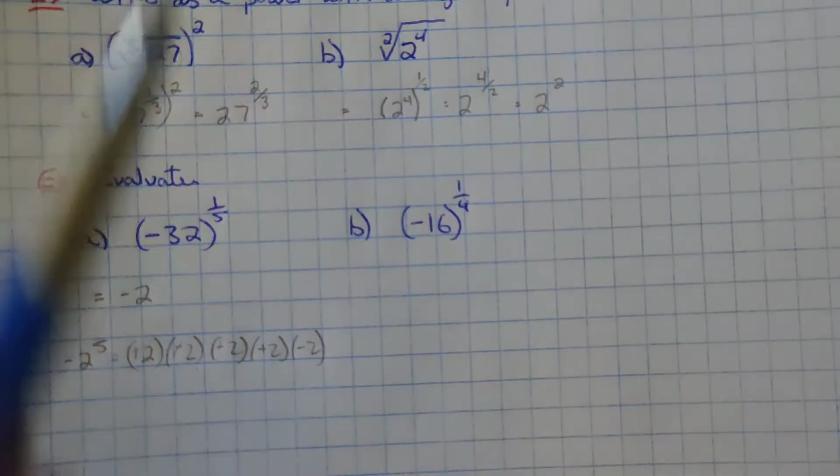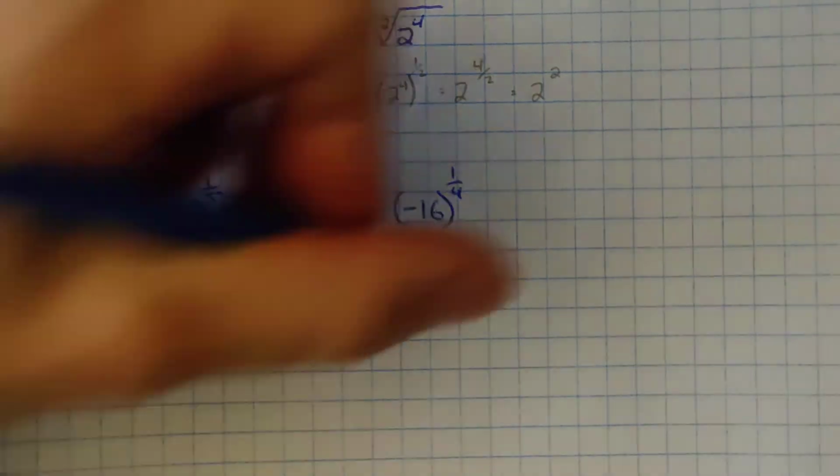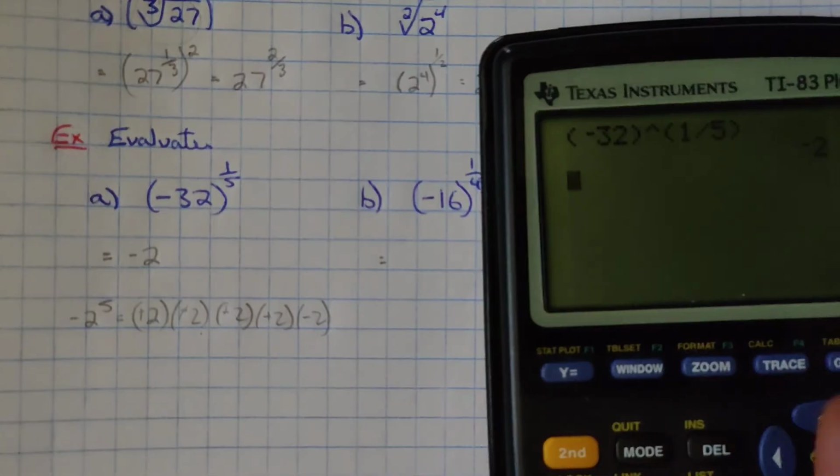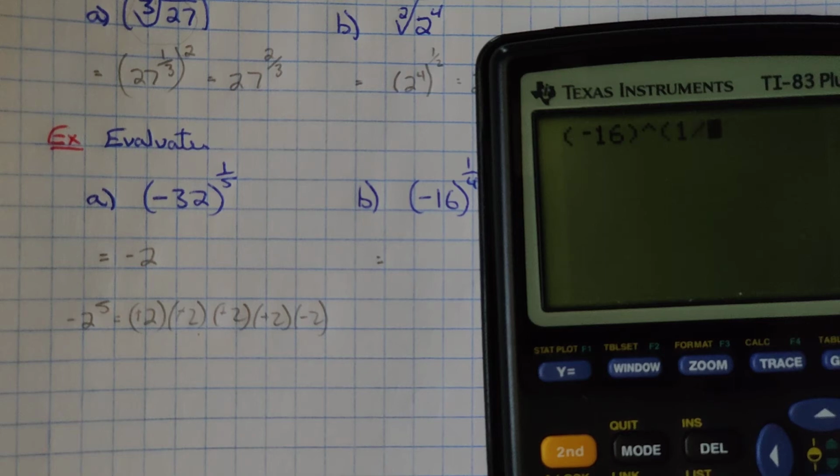But if we try and do -16 to the 1/4, well, let's see what happens when we type that in the calculator here. -16 to the power of bracket 1 divided by 4. Non-real answer. And it gives me an error. So what happened here?